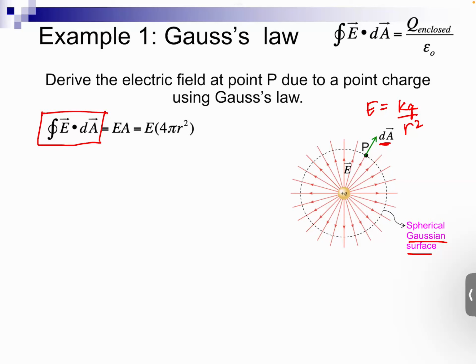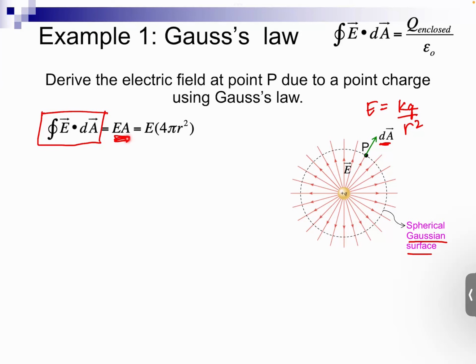As long as you've chosen the correct symmetry to enclose your charge, this integral of E dot dA will always be equal to E times A. Because through this surface, the electric field will be constant, so you can take the electric field outside of the integral, and it's just the integral of dA, which is A, and hence this integral will be equal to E times A.